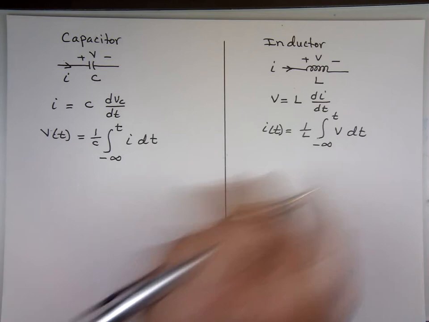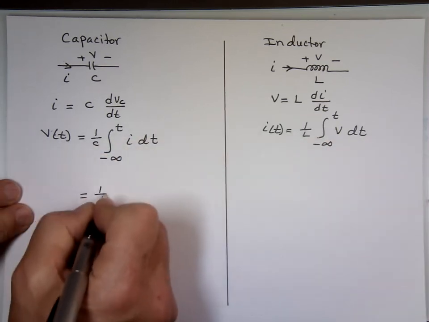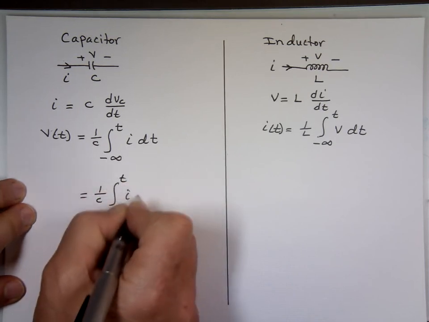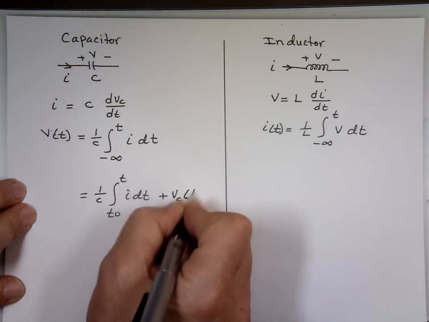You can break both of these into two parts. You can go 1 over C, the integral from t0 to t of I dt, plus the voltage across the capacitor at t0.